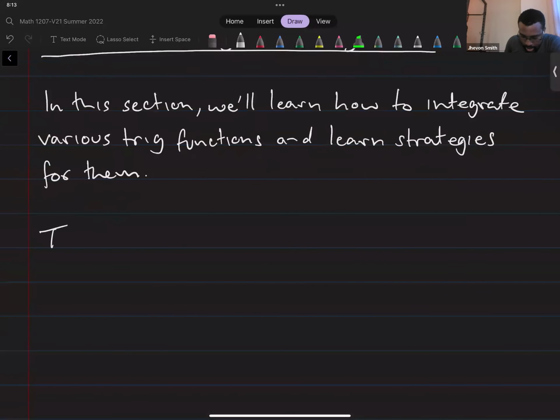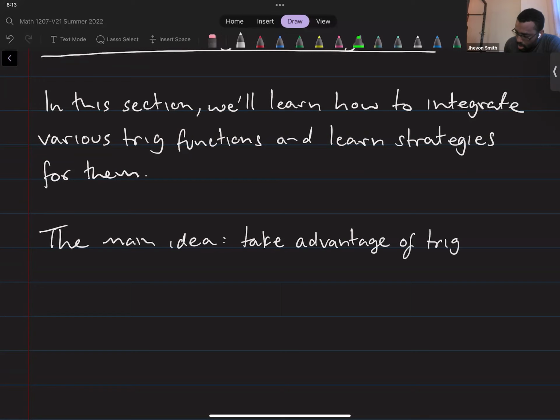So the main idea is to take advantage of trig identities. One big thing is going to be the Pythagorean identities, for example: knowing that cosine squared is 1 minus sine squared, or sine squared is 1 minus cosine squared, or that tangent squared is secant squared minus 1.